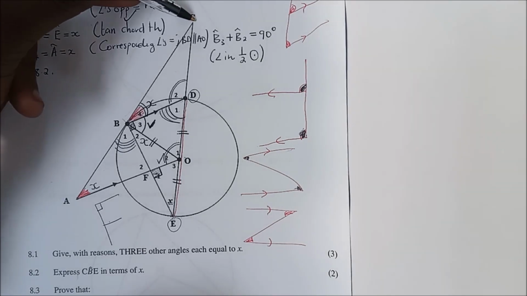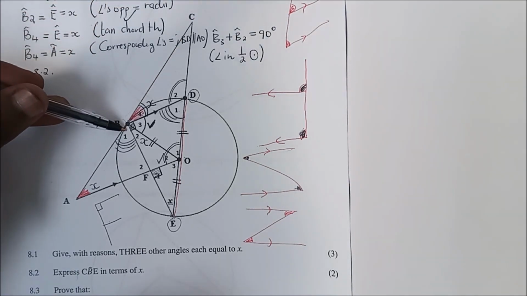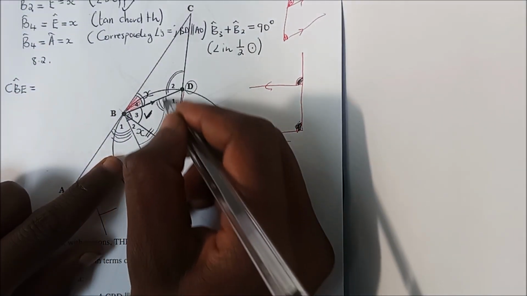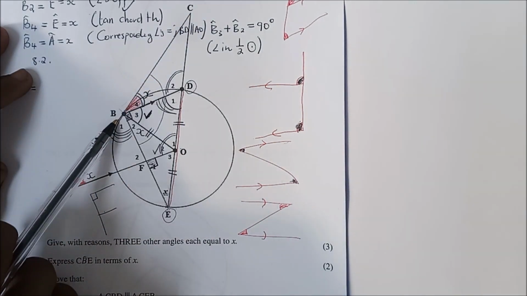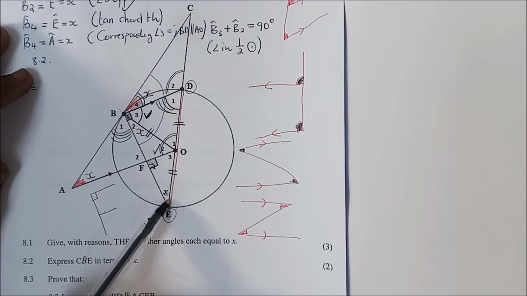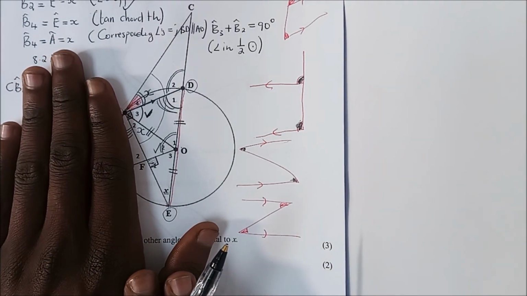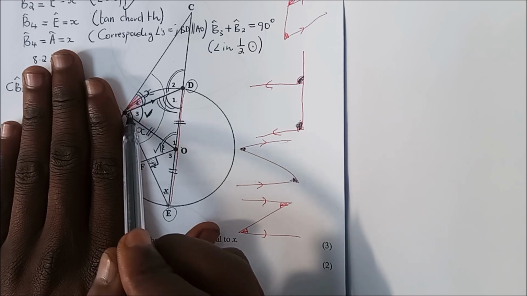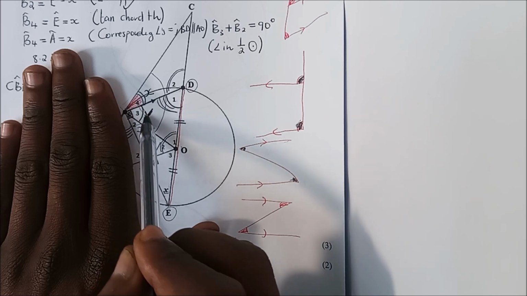This is C, and then this is B, and then that's E. Can you see that they want this angle? They are excluding B1. So can you see that B2 and B3 are equal to 90? So this angle here is 90.